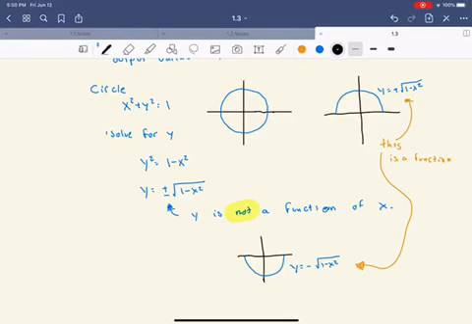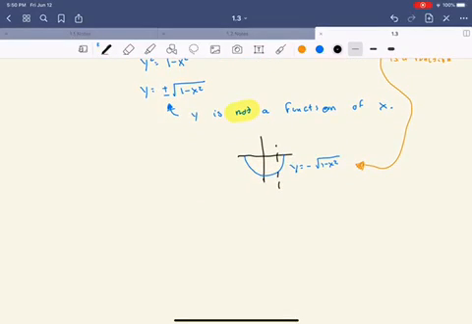And this is indicated here by the vertical line. So let's take a look formally at the vertical line test.